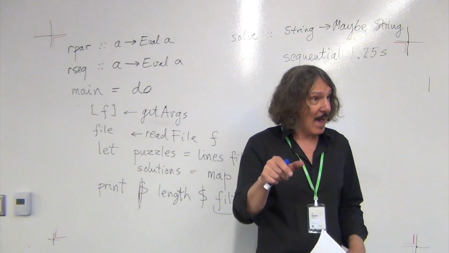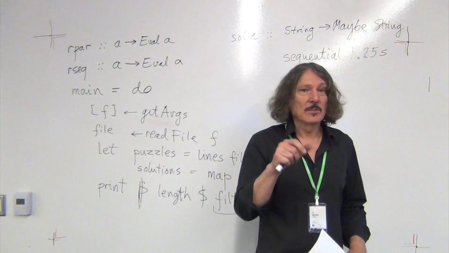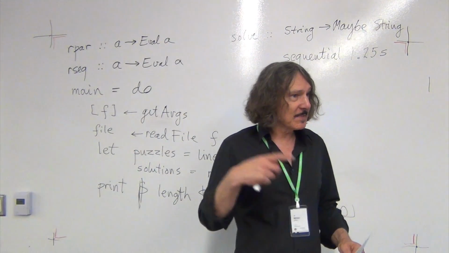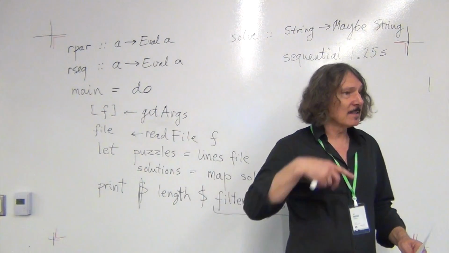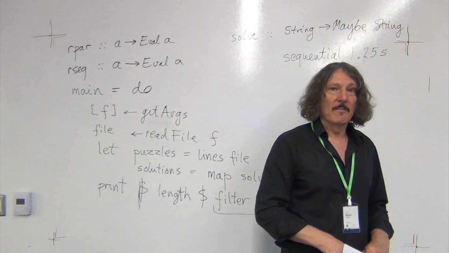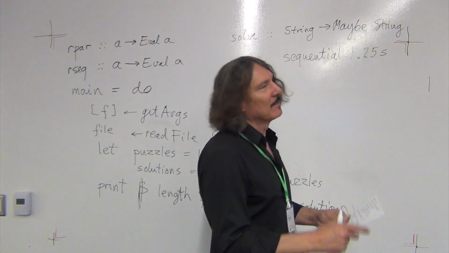So it's sort of like map, right? But we want to do it in parallel. So this function is called parmap. It maps a function, but it sparks the application of this function for each element of the list.